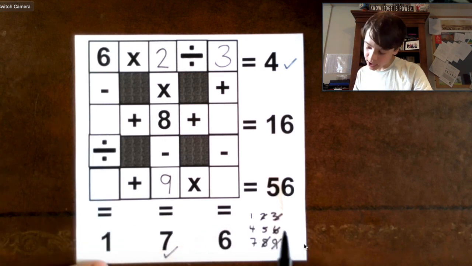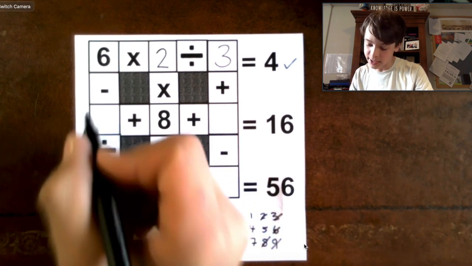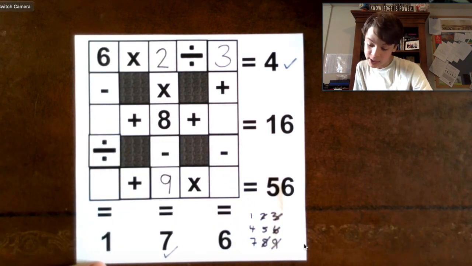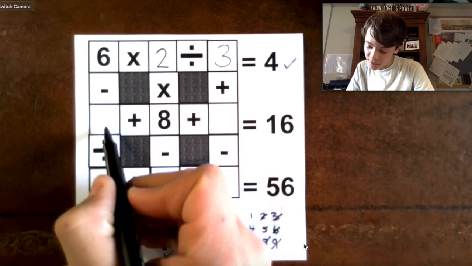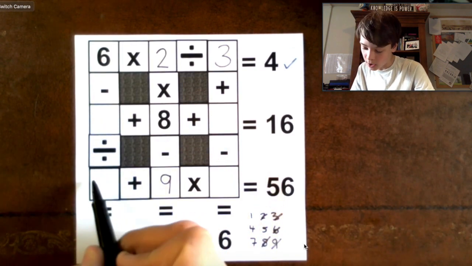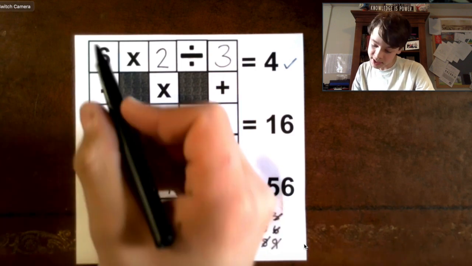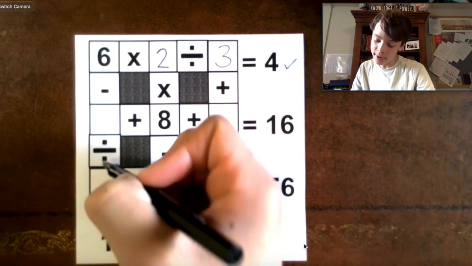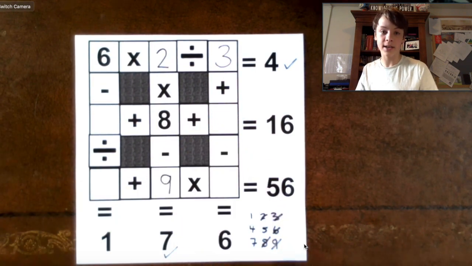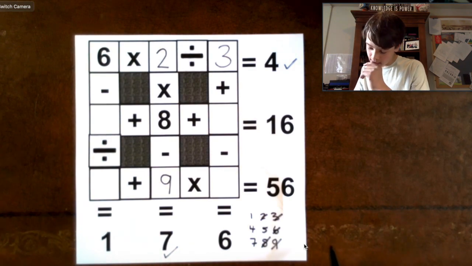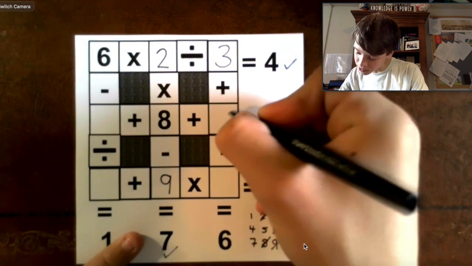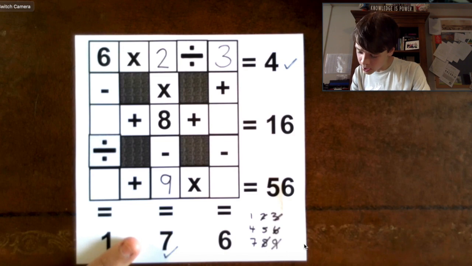So it's either 1, 5 on that side. We don't really know which way round at the moment, so it could be 6 minus 1 is 5 divided by 5 to make 1, or 6 minus 5 is 1 divided by 1 to make, again, 1. So we know now that 4 and 7 are going to be on this side.